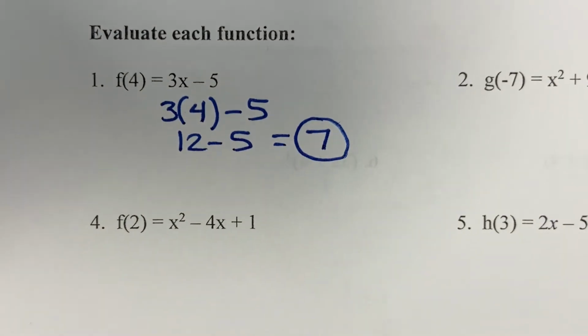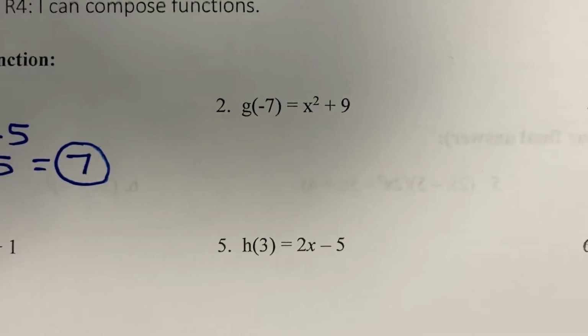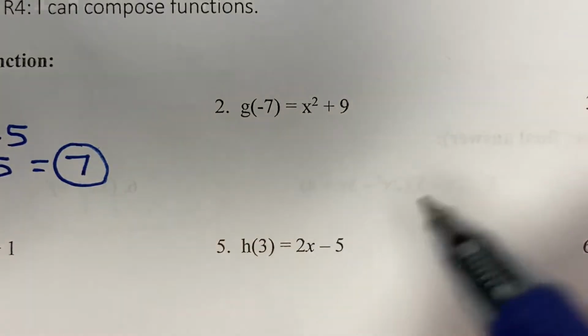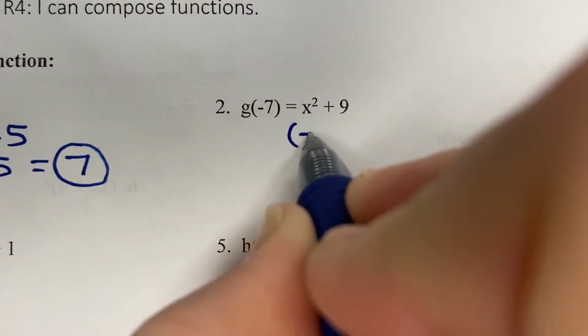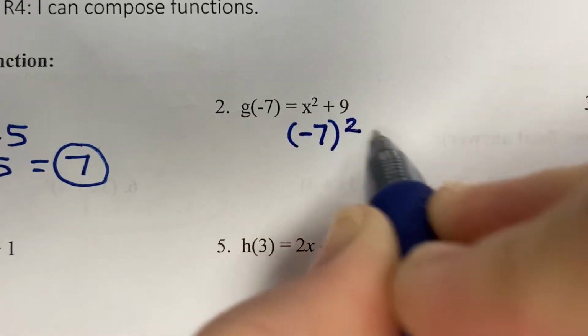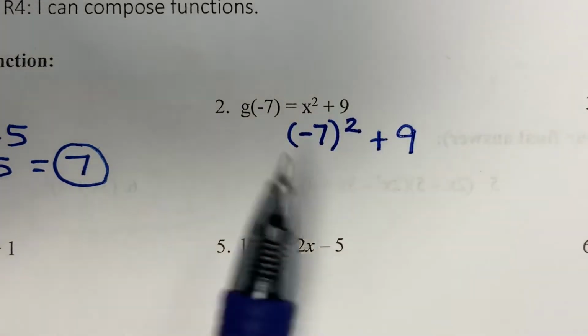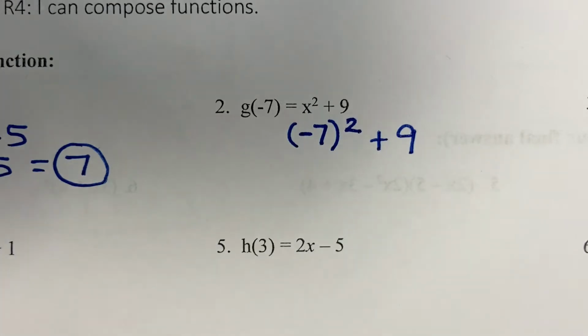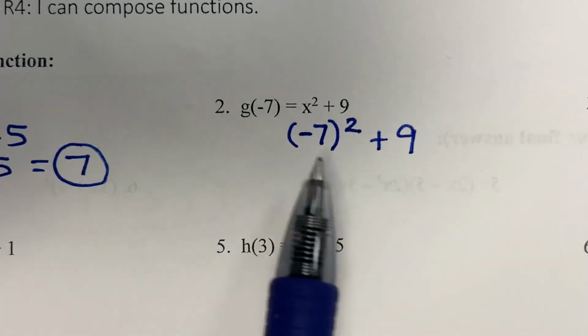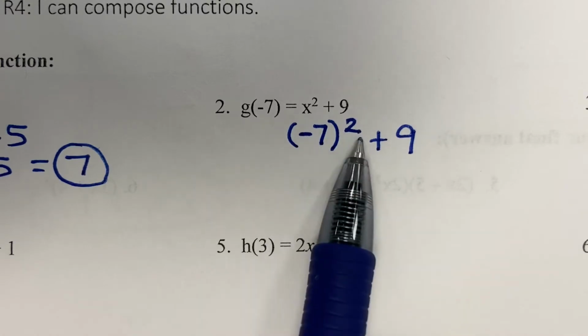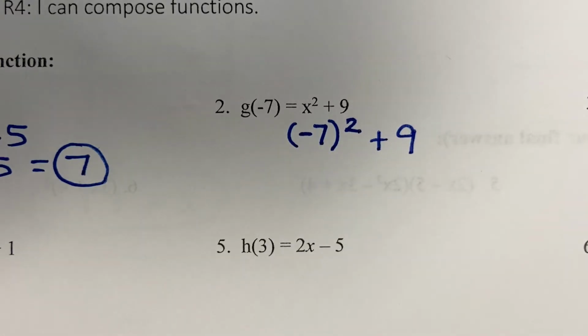For the second one, it says g of negative 7. So we're going to substitute negative 7 in for x. All right. Notice that I'm using parentheses. I did it on the last problem too. Get in the habit of parentheses because that does change things. If you put negative 7 squared in your calculator without parentheses, it's going to tell you negative 49.